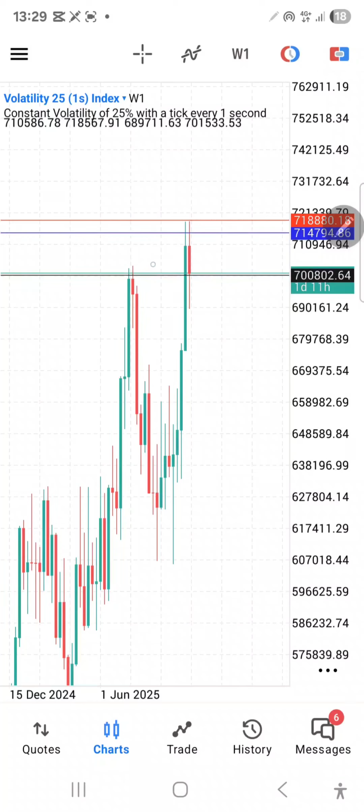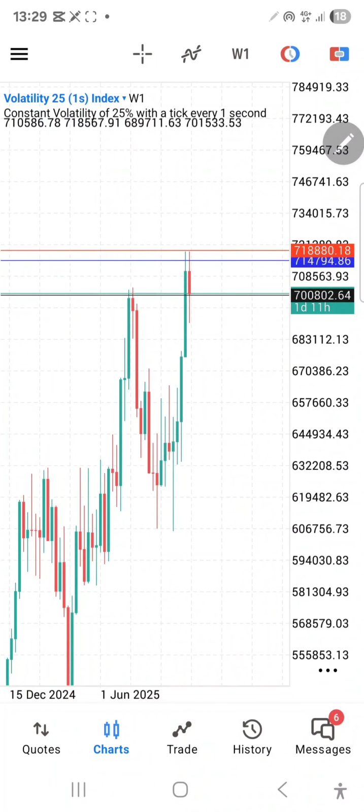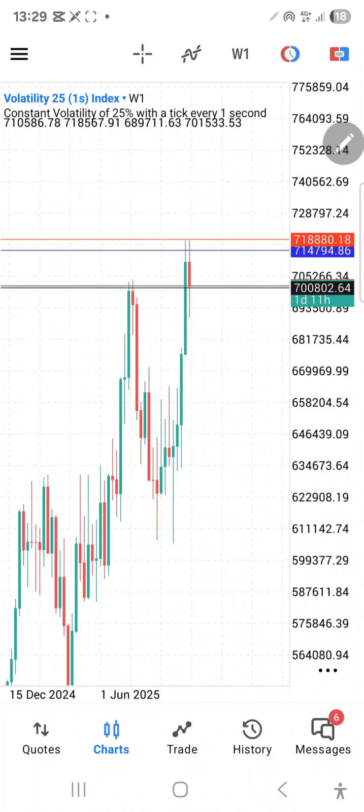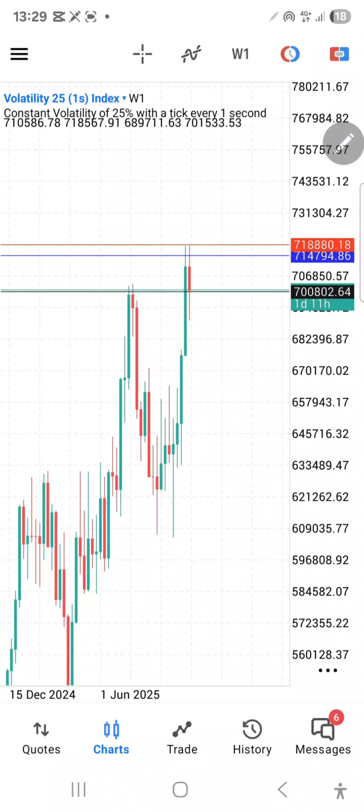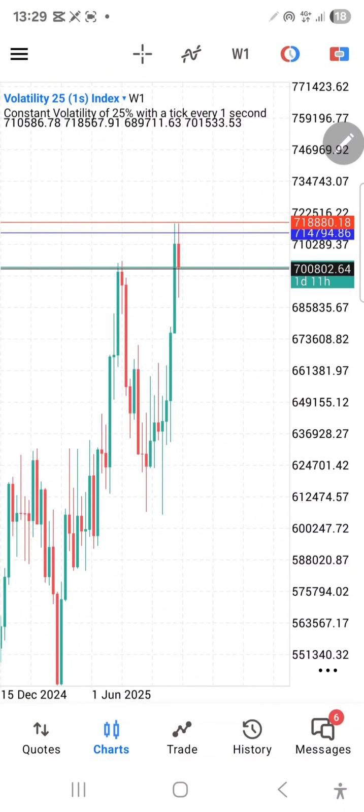I had my BOS taken away, though I missed something here on my rule, because one of the things I use in my rule, I also apply the concept of candlestick. I also wait to see a candlestick formation signaling that for this week the price is going to sell, or for this week the price is going to buy. I didn't use that rule here because of where price was at the monthly time frame.